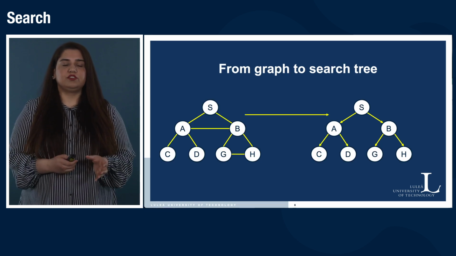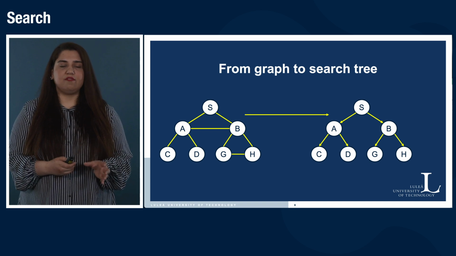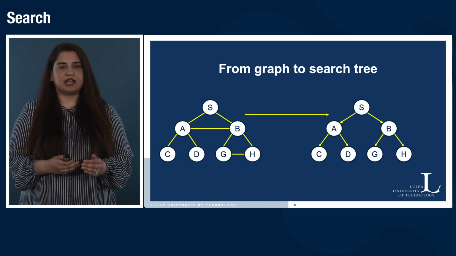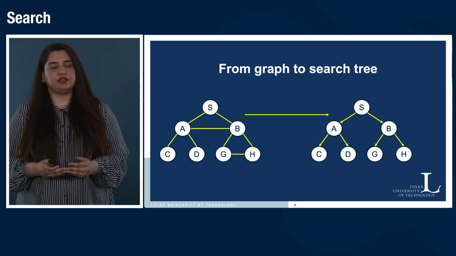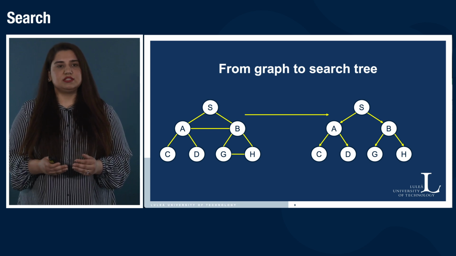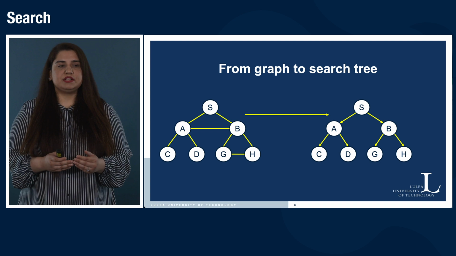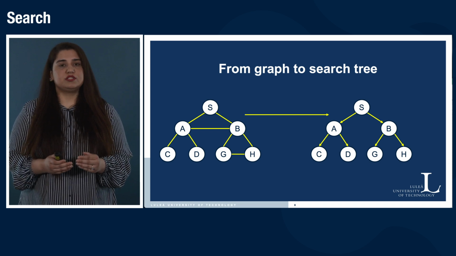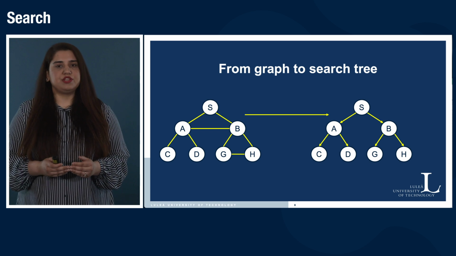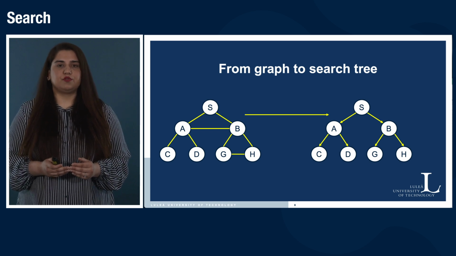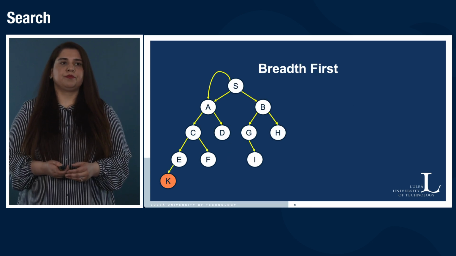We start from the graph which we have as a search space in the problem definition, and we formulate it into a tree. As you see on the other side, we have removed those loops or circles from the graph and transformed it into a tree structure on which we can perform our search algorithm.